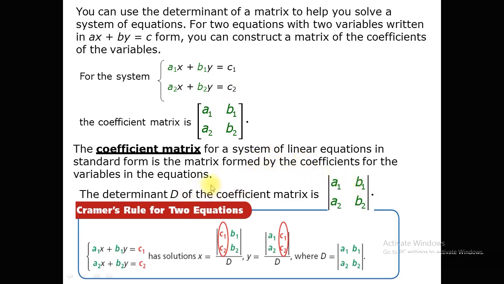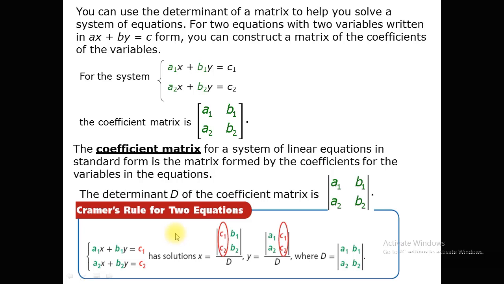Now, using Cramer's rule to find the solution of a system of 2 by 2 equations or a system of 3 equations. In Cramer's rule, to find the value of x, first of all find a new determinant, called Dx.